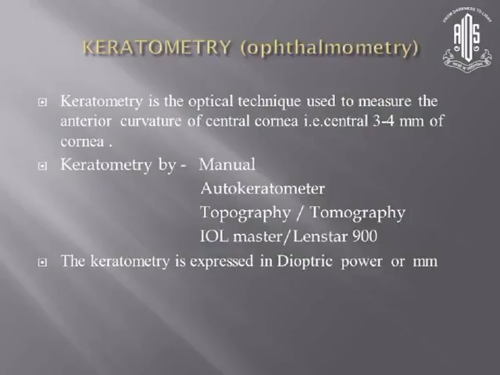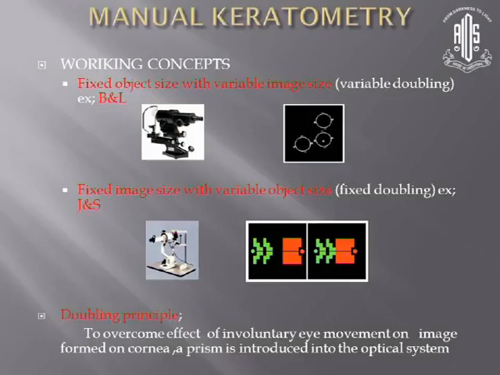There are various methods involved: manual keratometer, auto keratometer, a topographer, and the optical measurement methods like the IOL Master and the Lenstar 900, plus there are multiple other things also. Keratometry is mainly expressed in either diopters or millimeter in radius of curvature.